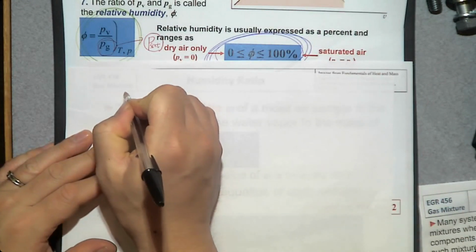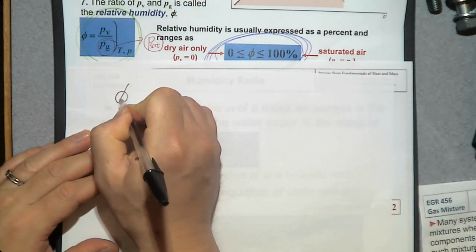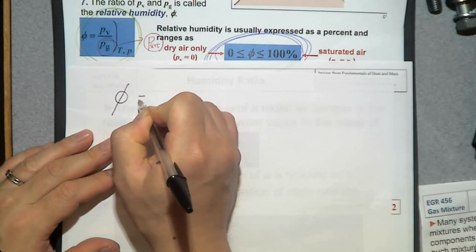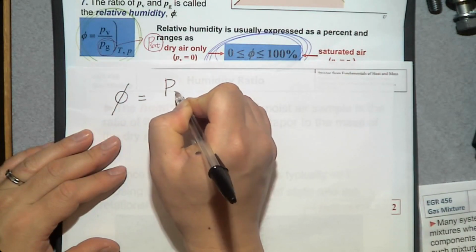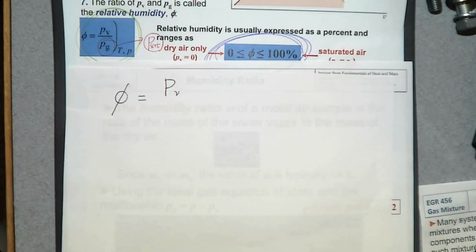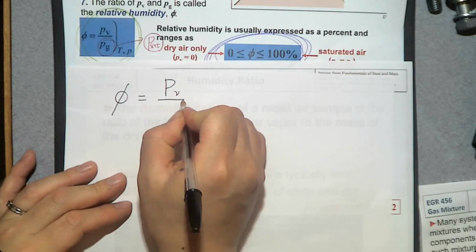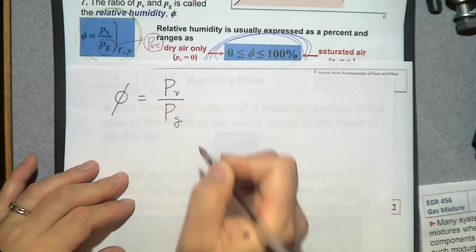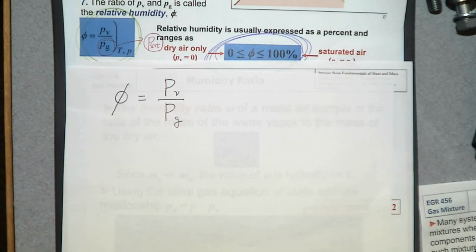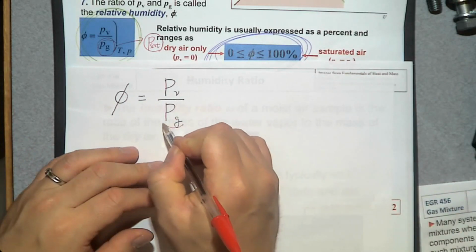So relative humidity that we use in our real life can be determined by PV, not pressure times volume. This is the partial pressure of water vapor divided by PG, which is the partial pressure of water vapor when the relative humidity is 100%. In other words, it is the saturation pressure at the given temperature.